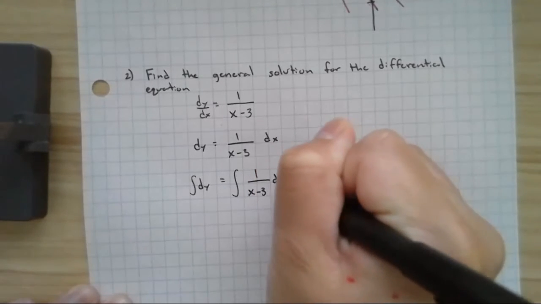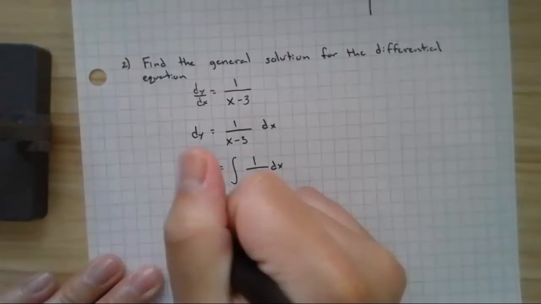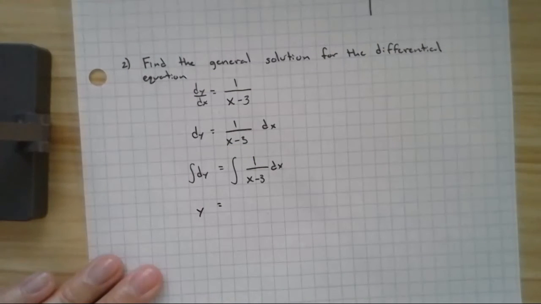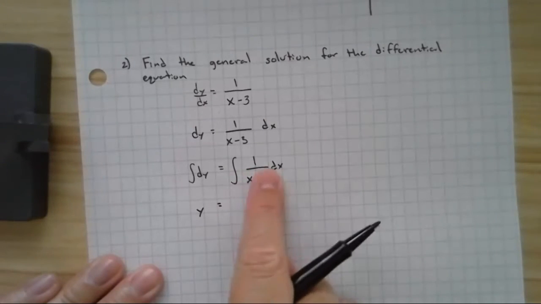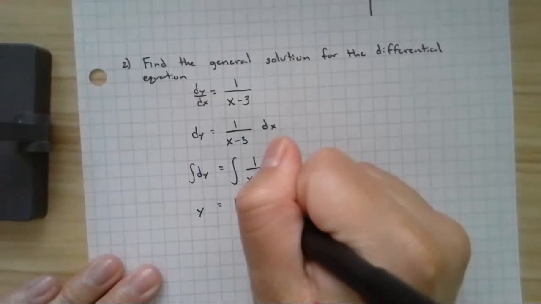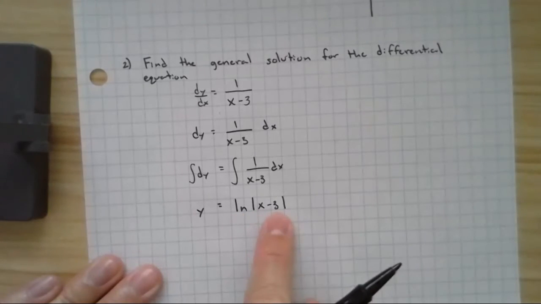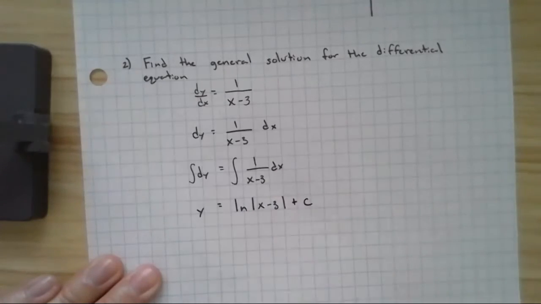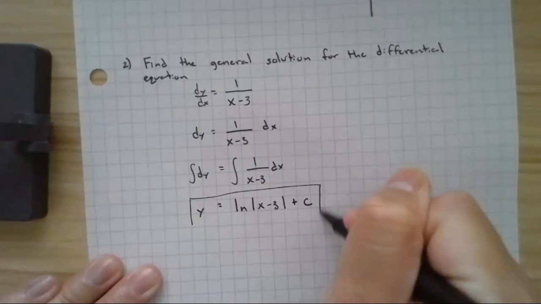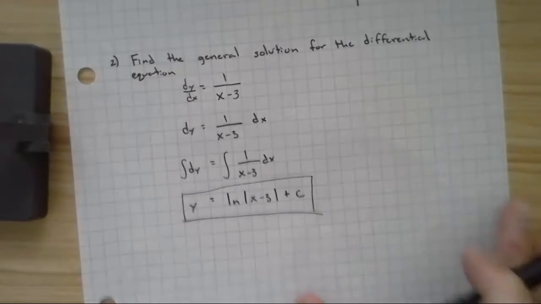The integral of dy is y, which is equal to the integral of 1 over x minus 3. Use the unit 6 reference sheet that I posted some time ago. That's going to be equal to the natural log of the absolute value of x minus 3 plus c. This is the equation that will represent that differential equation.